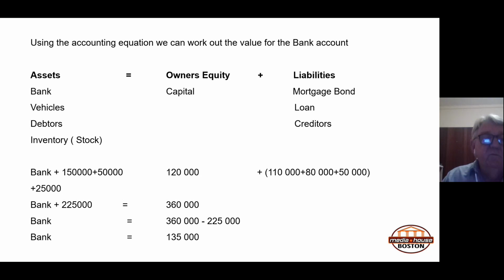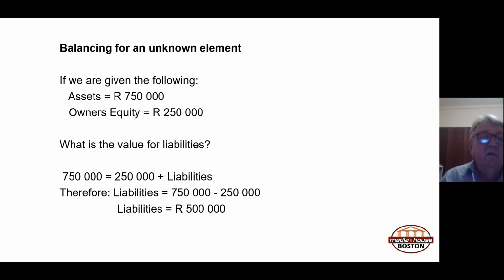If we redo the calculation, we say the bank plus 225,000, that's just those three amounts together, is equal to 360,000, which is the 120 plus the 110 plus the 80 plus the 50. Then the bank is equal to 360 minus 225, and that gives us a bank balance of 135,000. On the previous page, we looked at how to find an unknown element, so we must be able to calculate assets, owner's equity or liabilities.